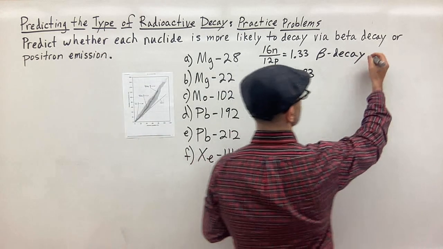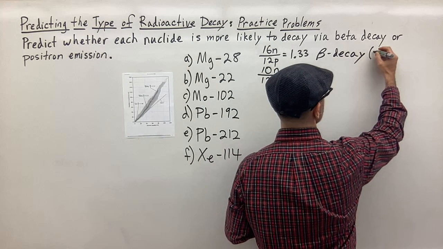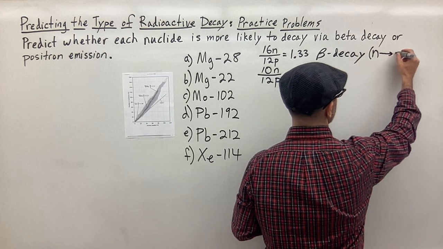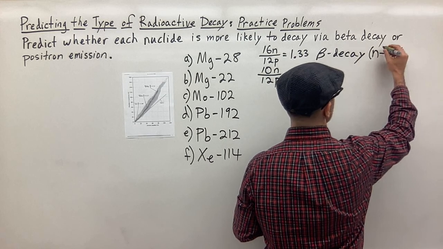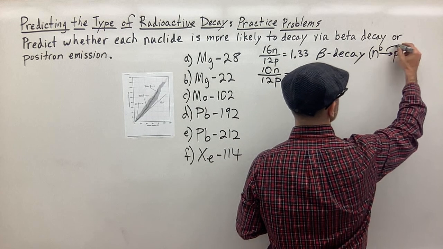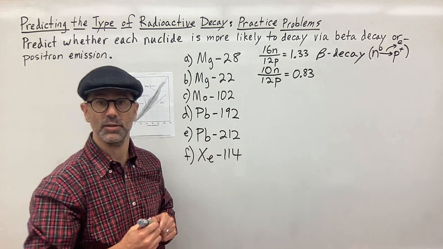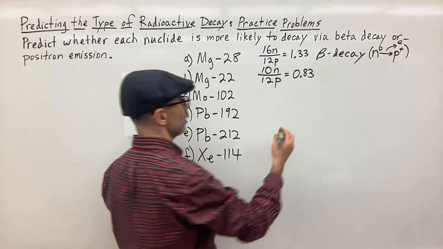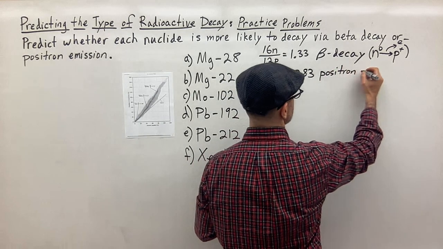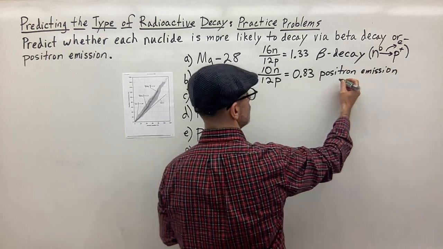So just to be clear here, beta decay is where you have a neutron and convert it into a positive proton, neutral neutron. And in the process, an electron or beta particle is released out of the nucleus. So here we're going to have positron emission. And in this case, it's the opposite.